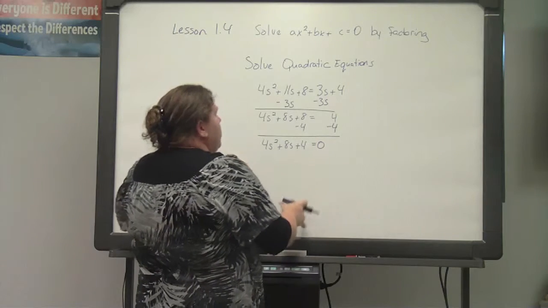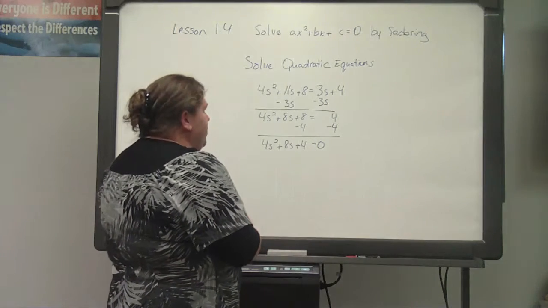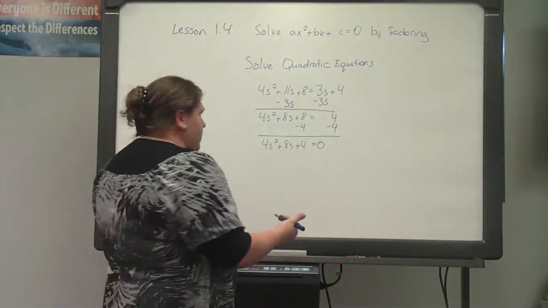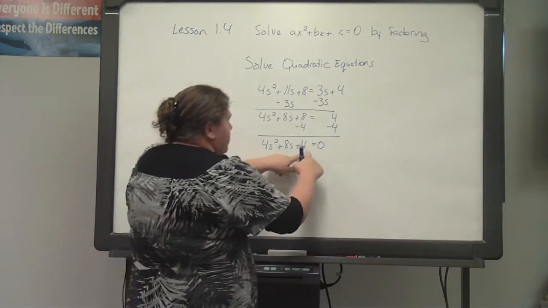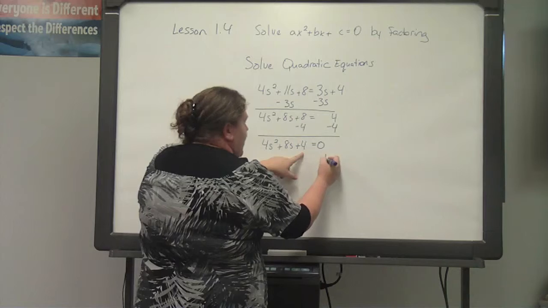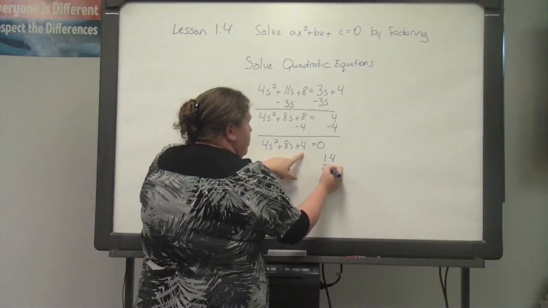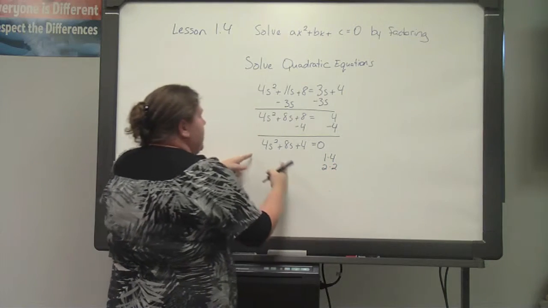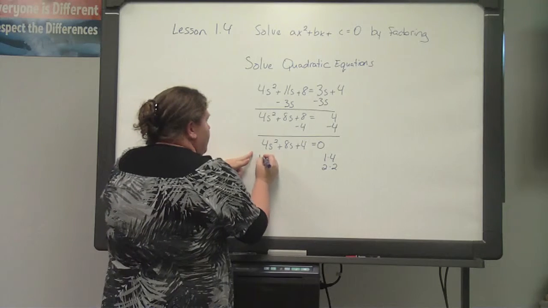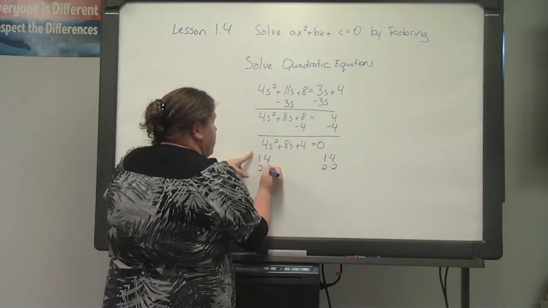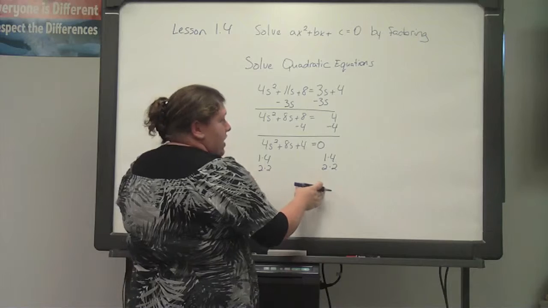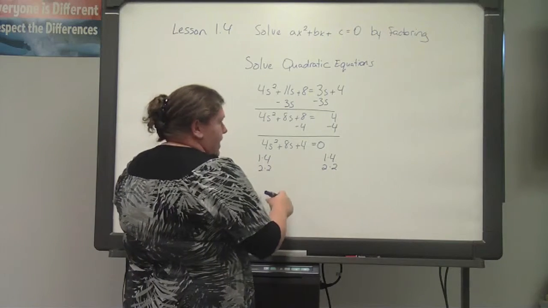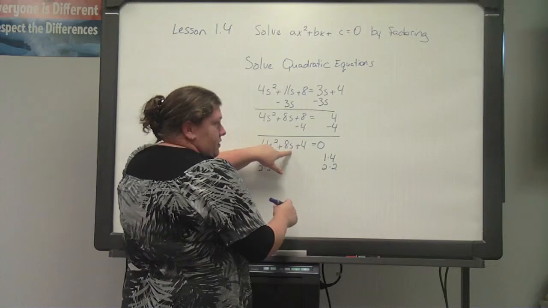From here, you want to take into consideration your factoring. We have the factors of 4, which is 1 times 4 and 2 times 2. And then again, the factors of 4, 1 times 4 and 2 times 2, when multiplied together and then added together, equal my 8.